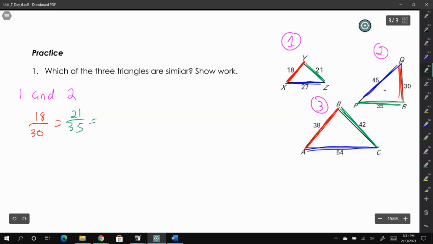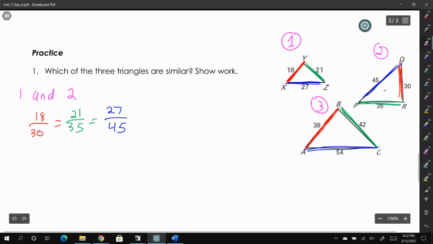And that needs to be equal to 27 over 45. So again, I put everything from triangle 1 on the top and everything from triangle 2 on the bottom of my fractions. You could reverse that, put everything from triangle 2 on the top, and you would still get the same answers.